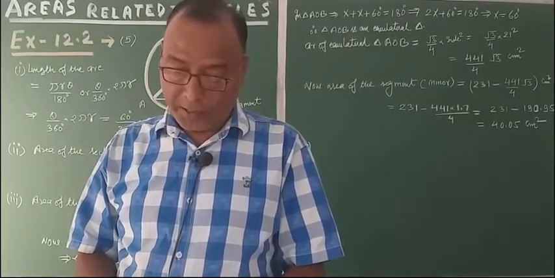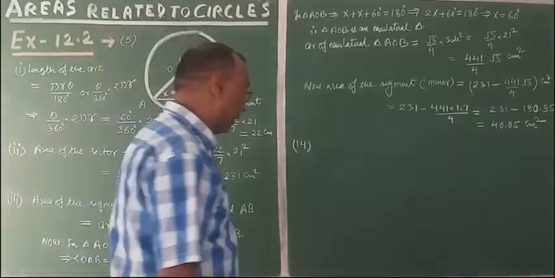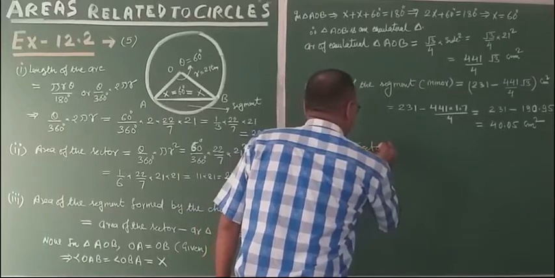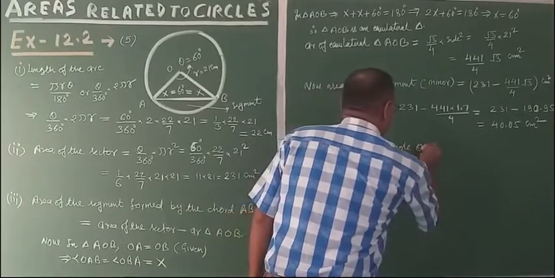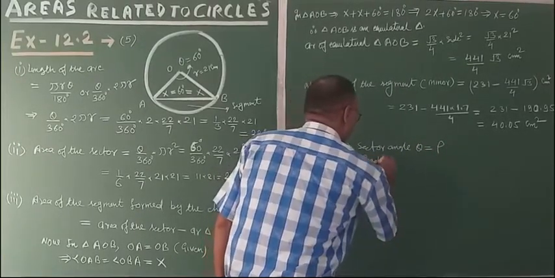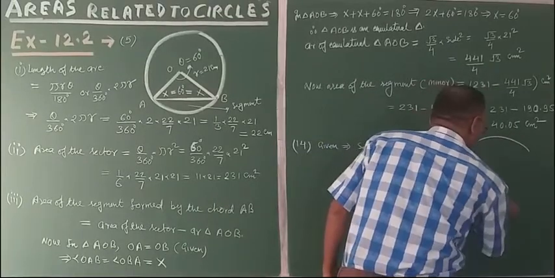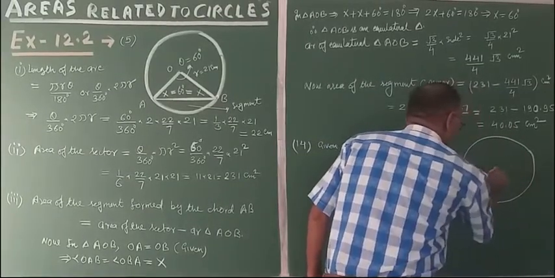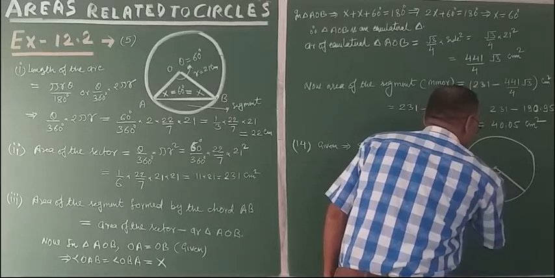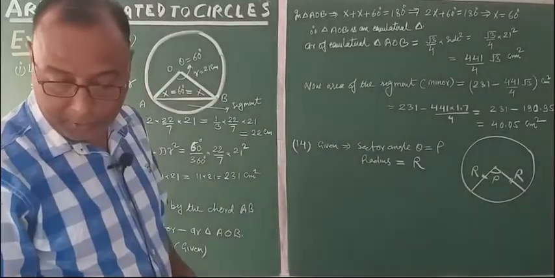Area of a sector of angle P of radius R. Given, sector angle theta is given P and radius is given R. This angle is given P, this is radius R. The question is: the area of the sector of this one will be.